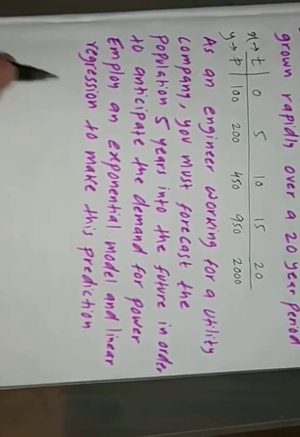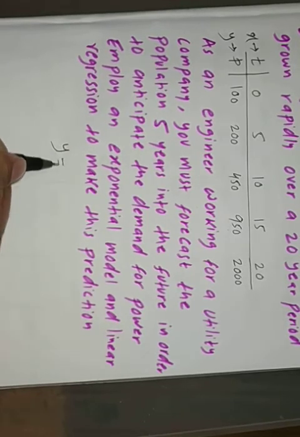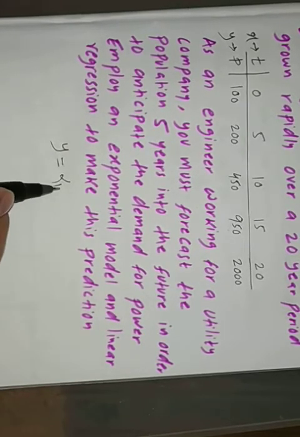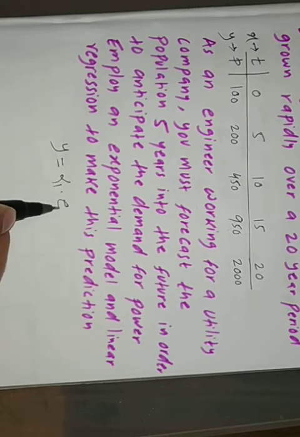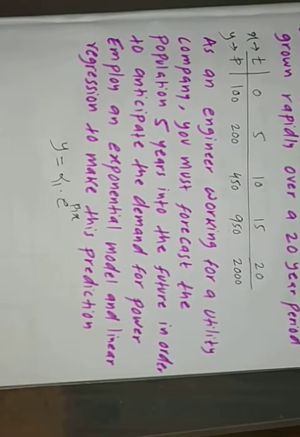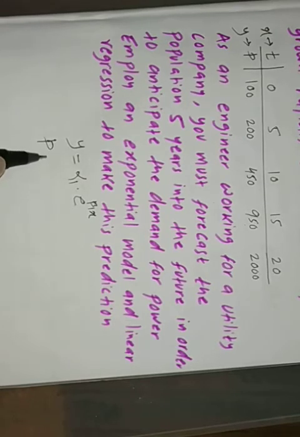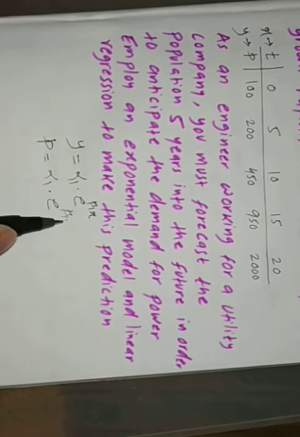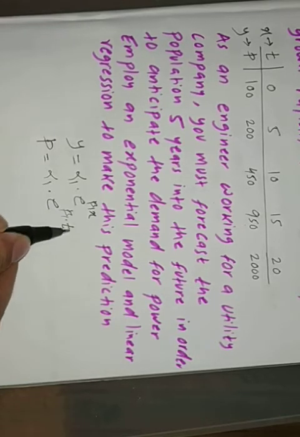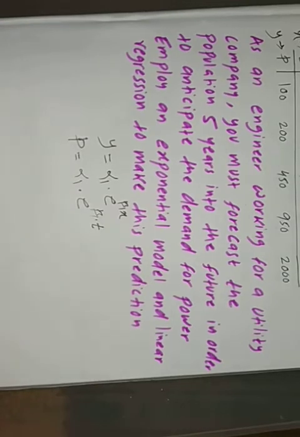So our exponential equation is y is equal to alpha 1 into e raised to beta 1 x. So the equation will become, in place of y, P is equal to alpha 1 e raised to beta 1 into t. Okay, and unknowns are alpha 1 and beta 1.